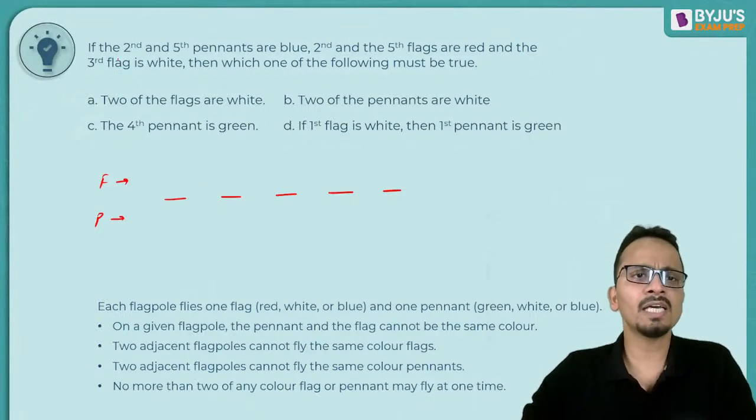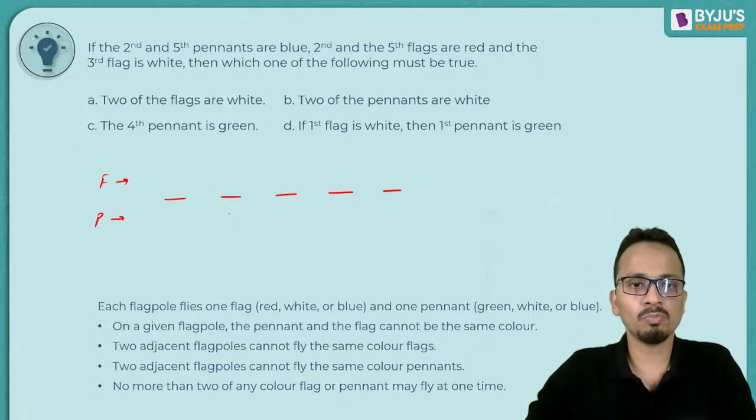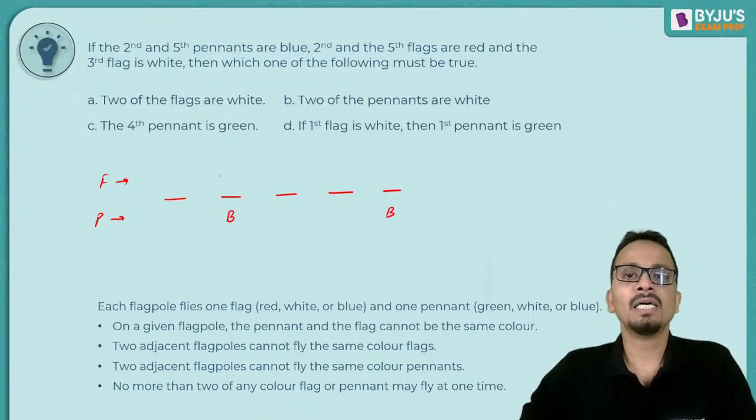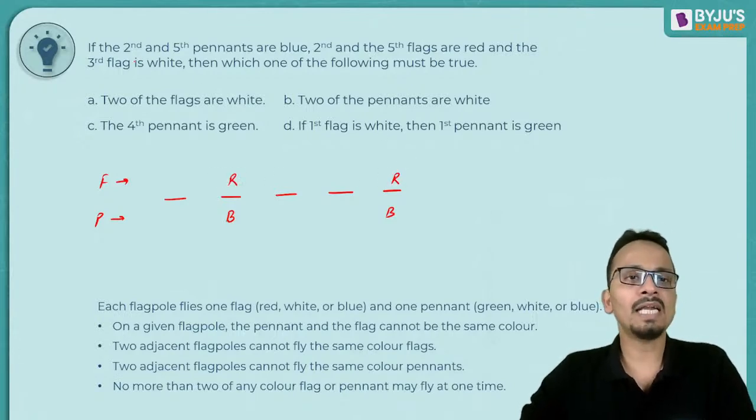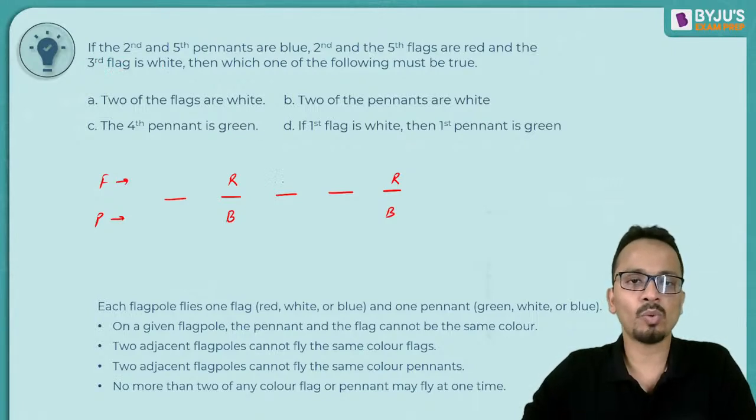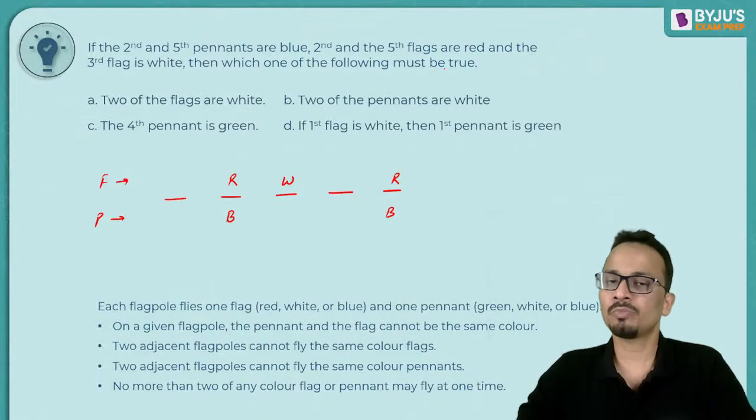So question says that if the second and fifth pennants are blue, so blue pennant and blue pennant, second and fifth flags are red, so these flags are red, and the third flag is white, then which one of the following must be true?